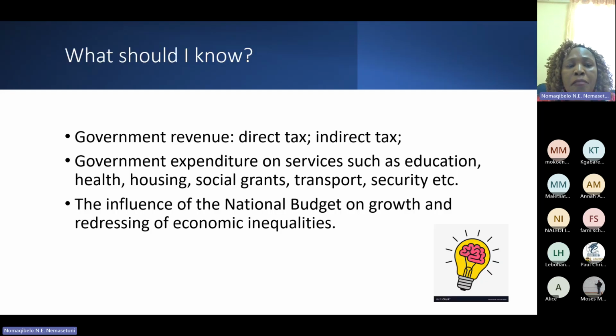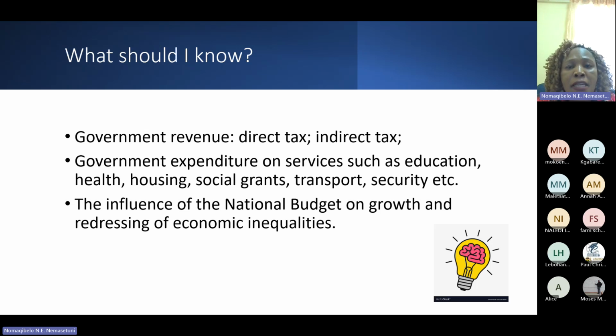In the national government and the national budget, what is it that learners should know? Number one, they should know the government revenue, which is the income, how the government generates its income. That is in the form of direct taxes and indirect taxes.